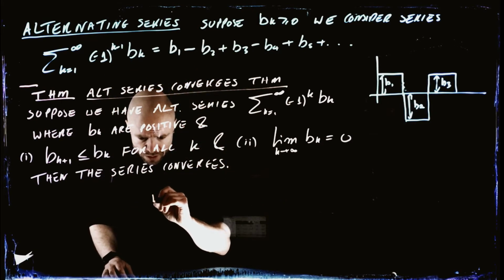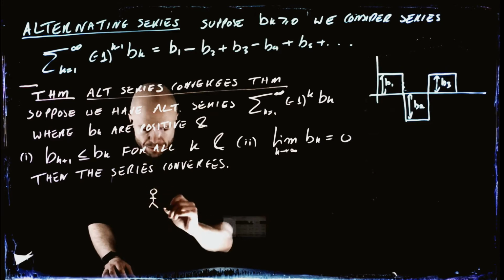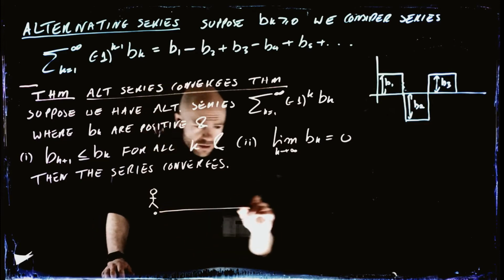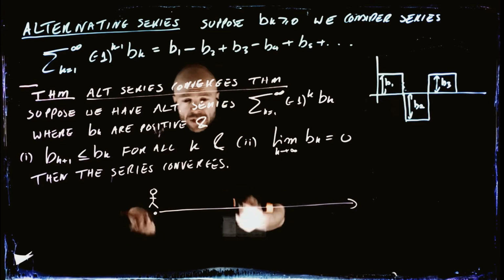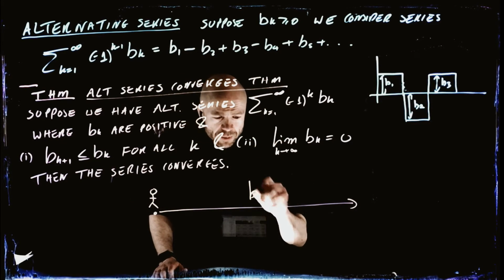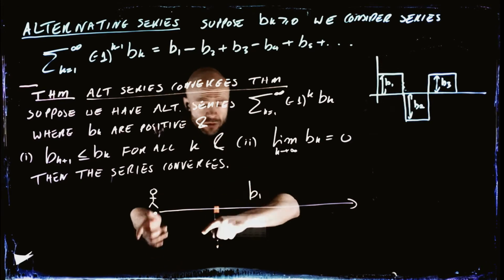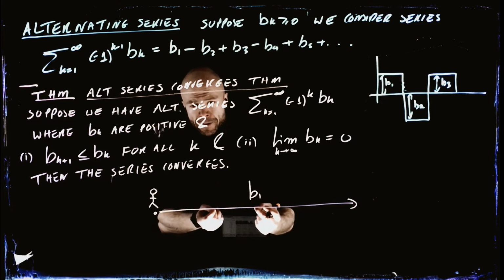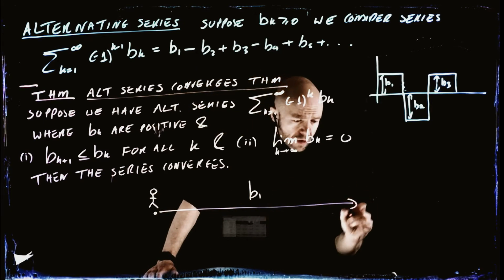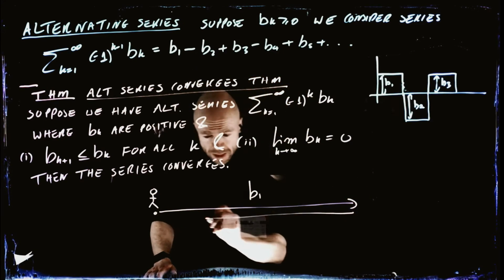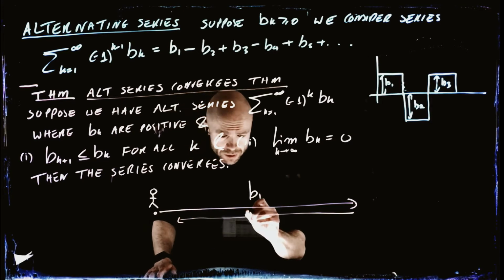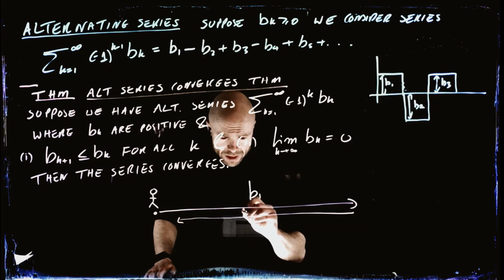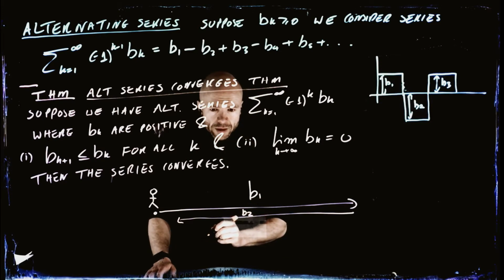You are this person right here, starting at 0, and you take a step forward. Your step size is b1. So after one step, you're right here. Then your next move is taking a step back, of size b2. So the length of this step is b2 right here.